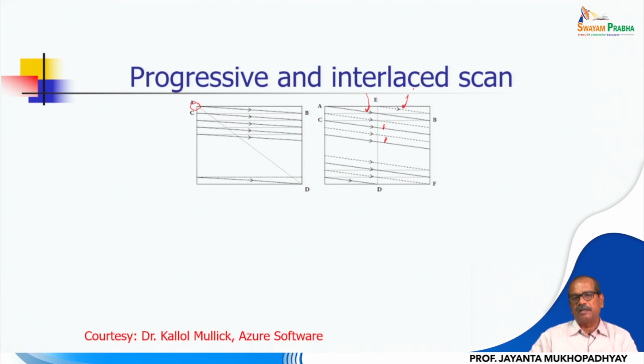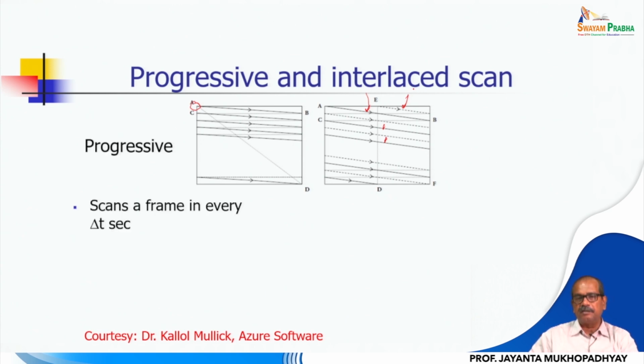We call them even lines and odd lines. So in this way you can make the video flicker free, because you are quickly covering the whole scan, though at coarse resolution, and then you cover it again. So it gives better visualization, but it is a little involved while digitizing and representing it, because you have additional information of these divisions. We call them fields. There are two fields of a frame, one for even lines and another for odd lines.